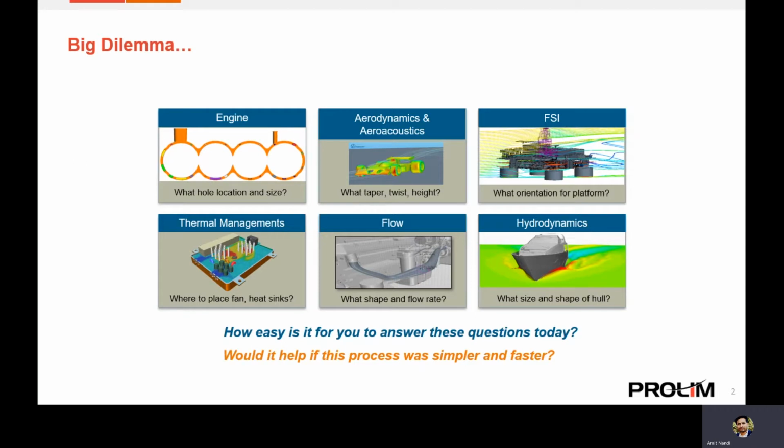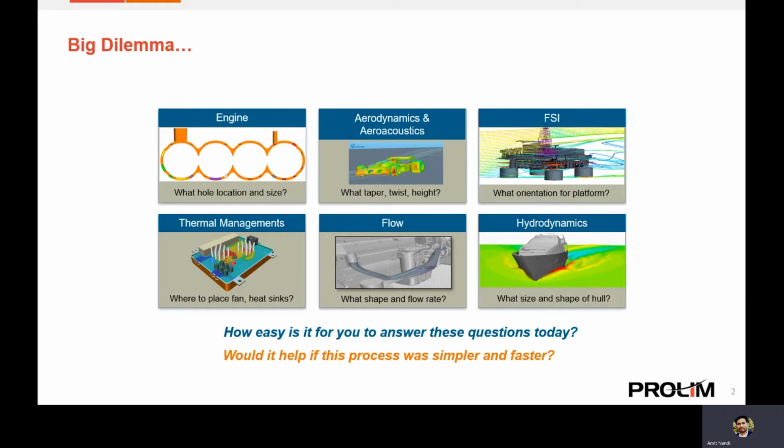And then again, if you go to the CFD team and ask for designing a pipe, he will have a question like what shape and flow rate I have to consider to get the best design. Then again, the same goes with the marine industry as well.